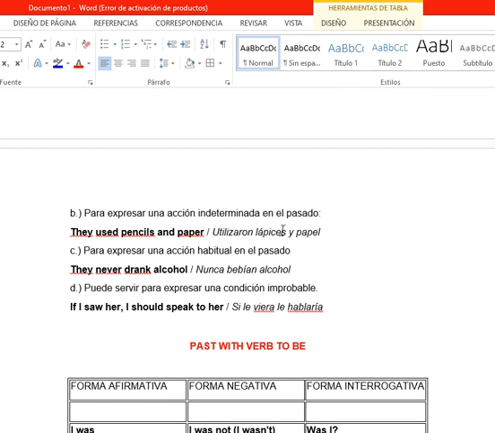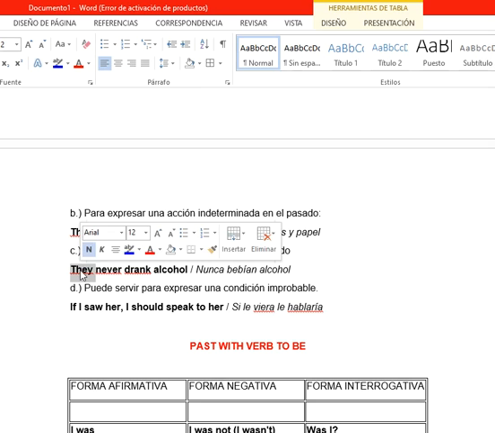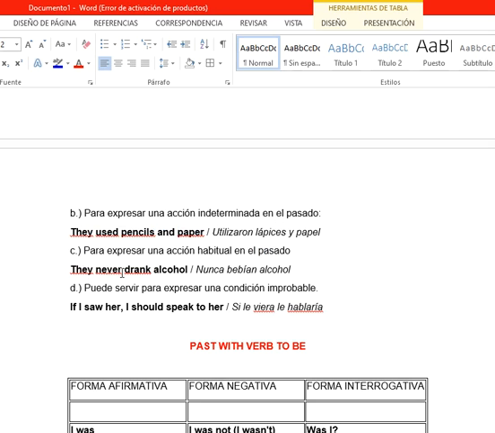Letter C, to express habits in the past. In this case, they never drank alcohol. We're trying to say that in the past, people, in this case they, never drank any of that.